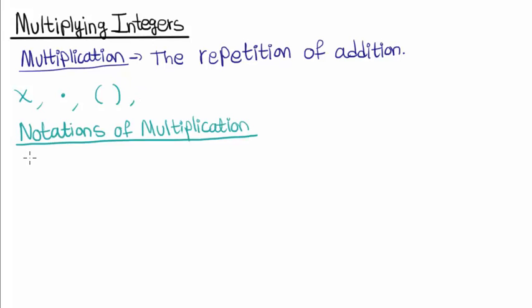So here's my first notation example. If I have some number 1 and I want to say that I'm multiplying that number with another number, one way I can write that is by putting an x in between those two numbers, such as this. When you're just getting started with multiplication, this symbol of x to denote multiplication is the most common notation.